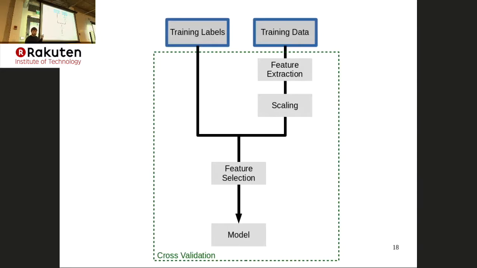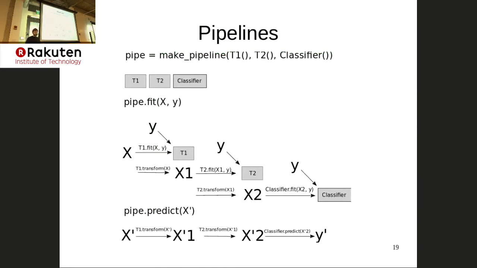There's a tool to do this in scikit-learn, which is called the pipeline. There's a function called make_pipeline, and you can pass it any number of transformers, so things that have a transform method, like for example the count vectorizer, scaling of the data, and feature selection, whatever you want. Then usually you have a final step that's a classifier or a regression model.